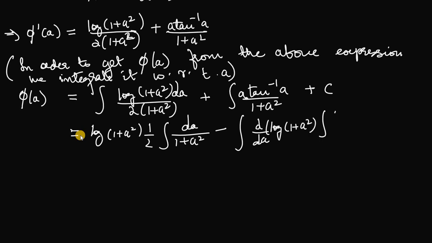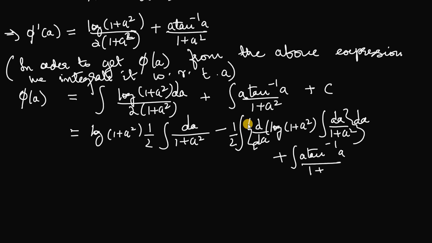Then plus, let me keep this one as it is for the time being, that second integral, the integral a tan inverse of a by 1 plus a square plus c.